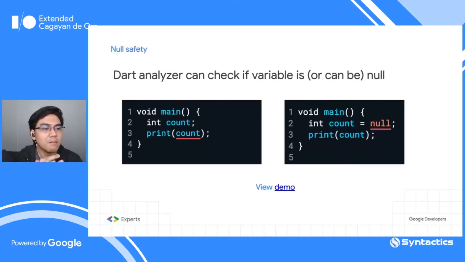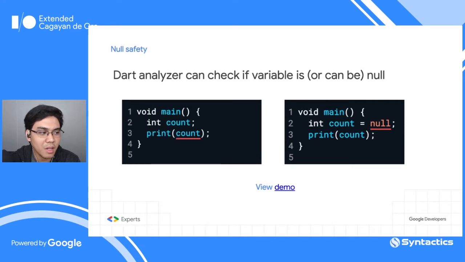So this is an example of, at least with Flutter 2.0, how Dart is using the Dart analyzer to tell us that a variable is not instantiated, or a variable is explicitly set with a value of null. But again, it's not allowed with the latest Flutter null safety support.